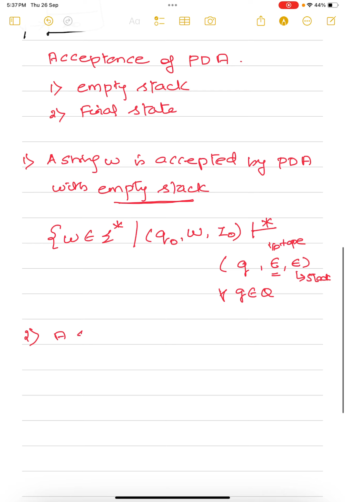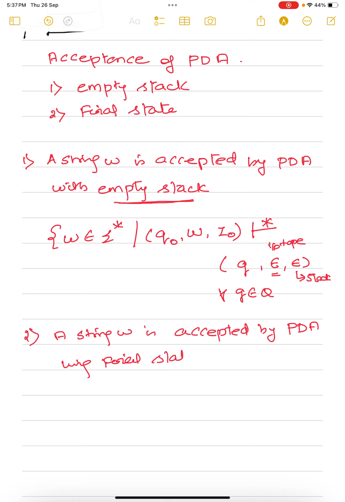Second, a string W is accepted by pushdown automata using the final state method when, again, W belongs to some combination of input symbols. We start with the initial state with the string on the input tape, and Z0 refers to the bottom of the stack.